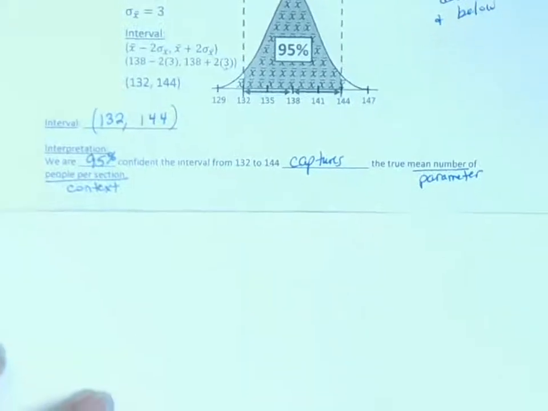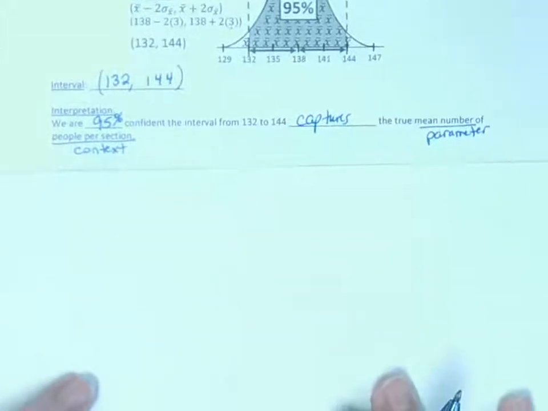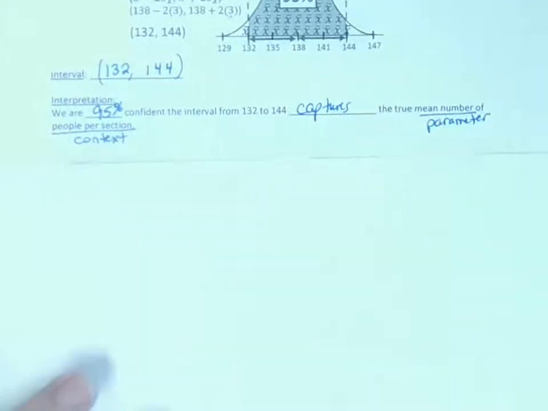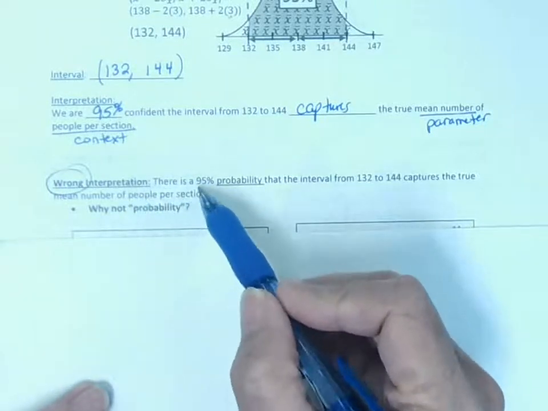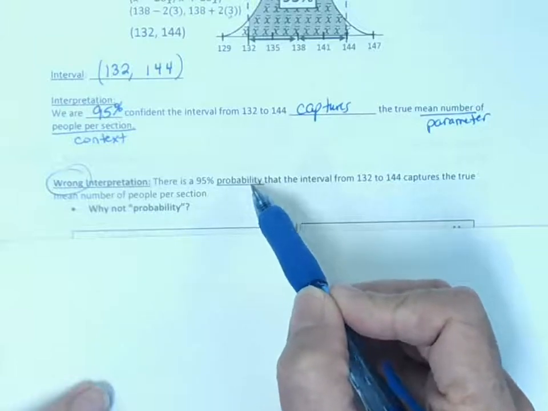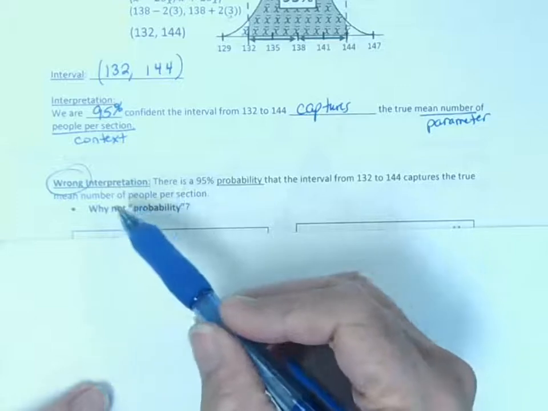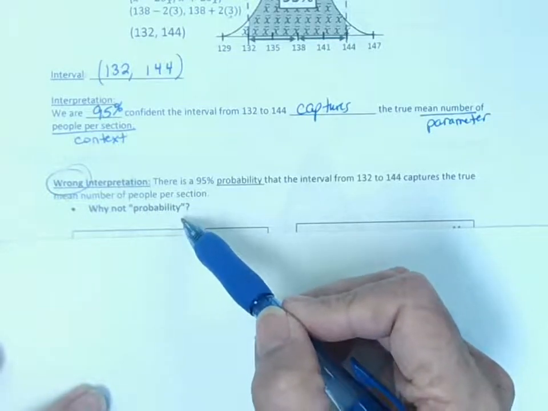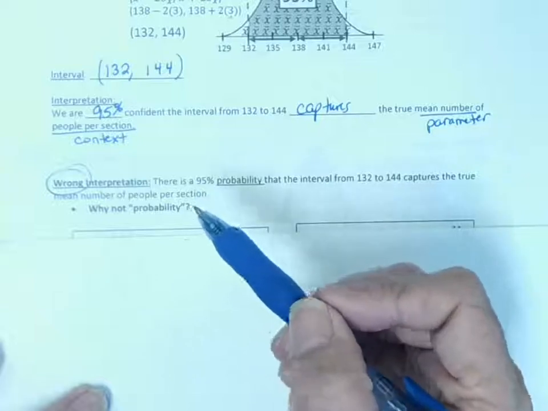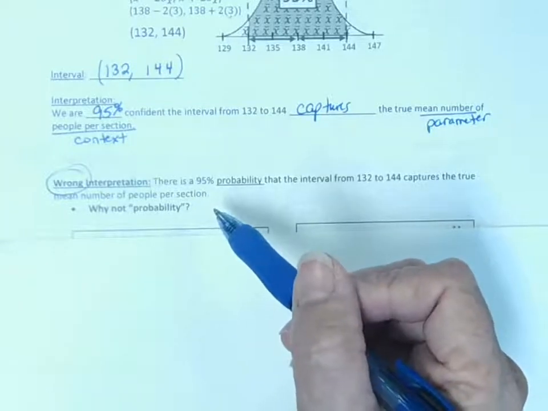I'm going to tell you the wrong way to interpret this, just because inevitably someone will do it, and I want to make sure we get clear this is not true. The wrong interpretation is to say there's a 95% probability that the interval from the lower value to the upper value captures the true mean number of people per section. It is not a probability, because that true mean number of people per section is already a given.